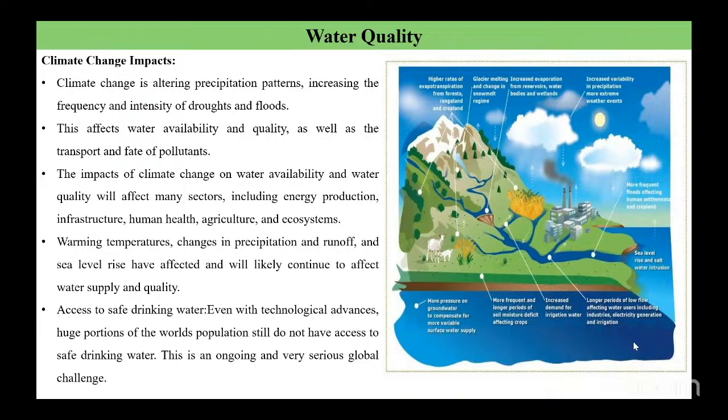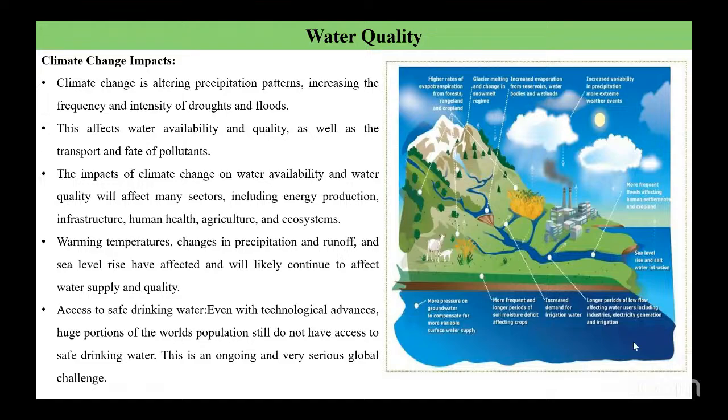So once there is an alteration of precipitation patterns and the frequency and intensity of droughts and floods, the water available is affected, and also the transport and fate of pollutants. The impacts of climate change on water availability and water quality will affect many sectors, including the energy production sector, infrastructure, human health, agriculture, and other ecosystems.